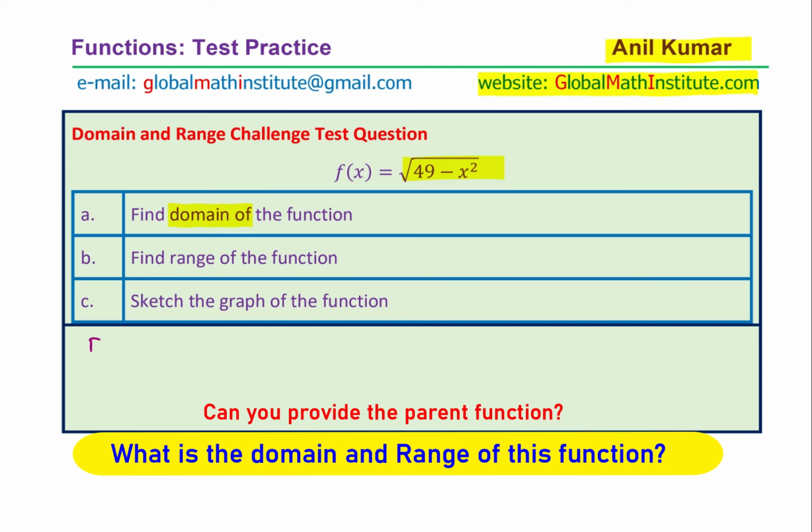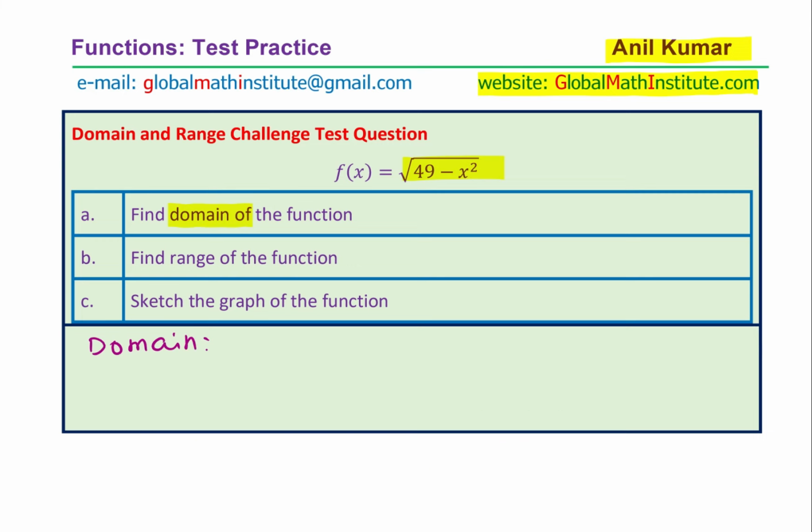So to find the domain, simple step will be equate 49 minus x squared to greater than equal to 0. Perfect. So then we ensure that within the square root sign, we have non-negative number. So let me solve this inequality and show you another very important concept.